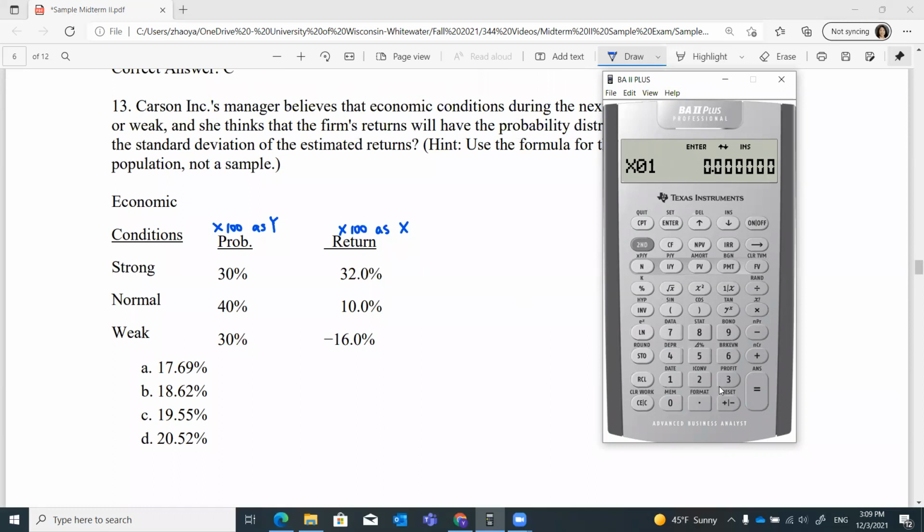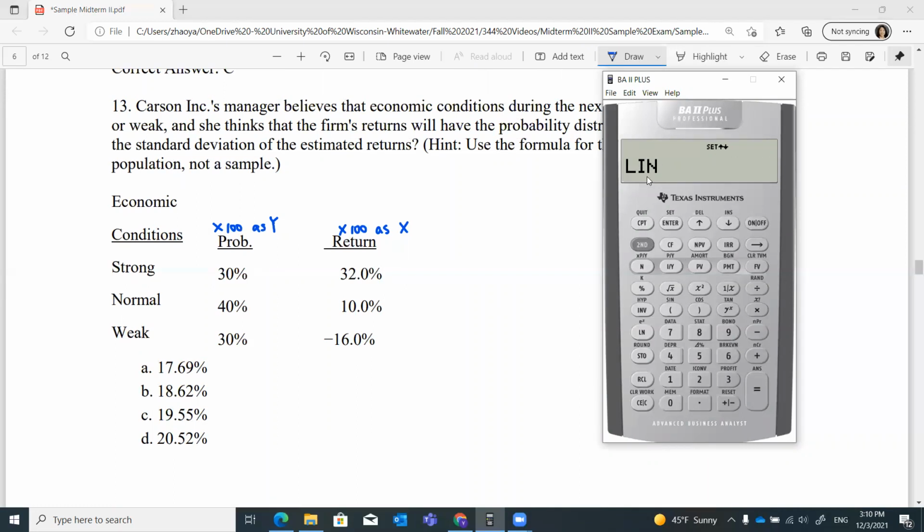X1 gonna be 32. Y1 gonna be 30. X2 gonna be 10. Y2 gonna be 40. X3 gonna be negative 16. Y3 gonna be 30. And we press second and stat.